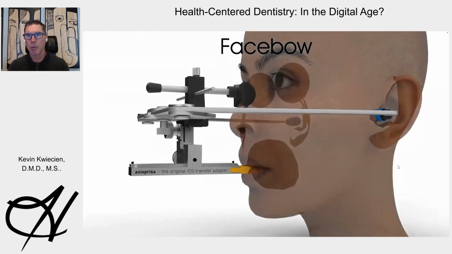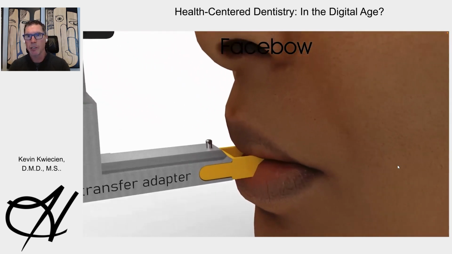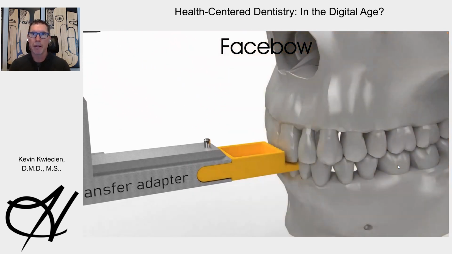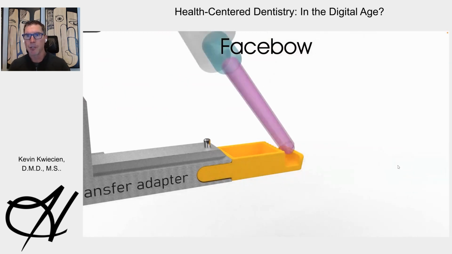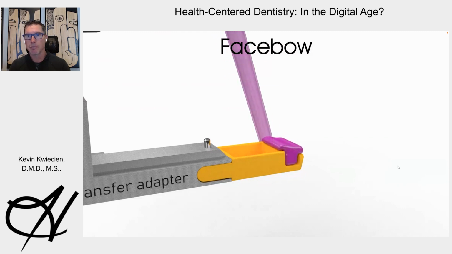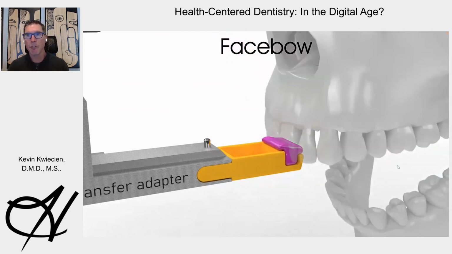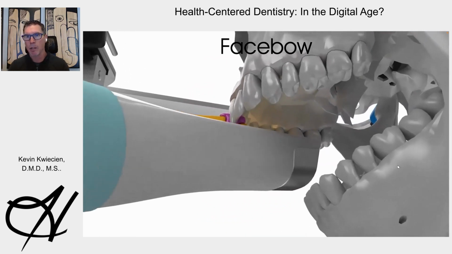Or for those of us who really see the benefit of the digital world and the analog world, what if you had a face bow that was easy to use, just an ear bow, and you can use the Nasion, but as opposed to the bite fork with the bite tabs or silicone bite registration, you're just going to put a little silicone in the incisal edge position. And imagine now that you've already scanned the complete upper and lower arch.